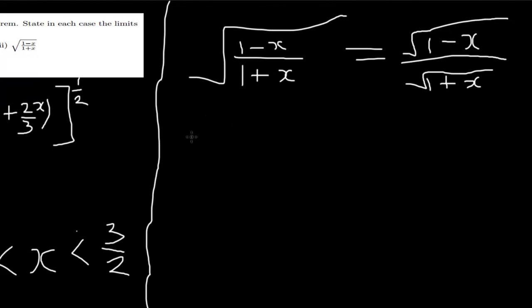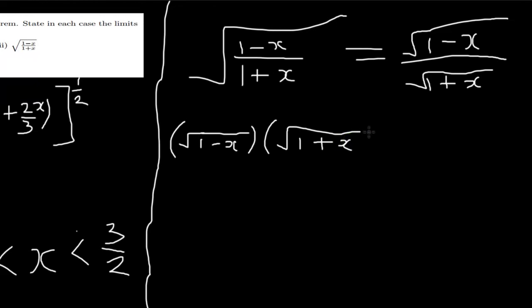So this can be written as the square root of 1 minus x, and this question is very much straightforward. You multiply it with the square root of 1 plus x, like that. This one will be to the power negative 1.